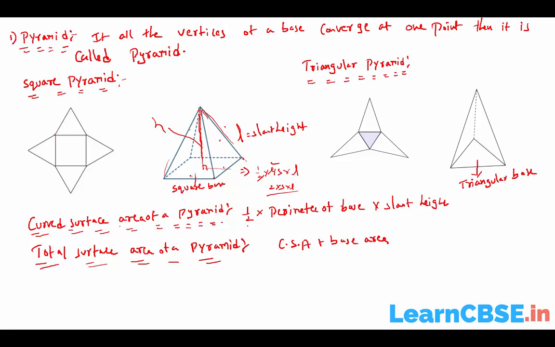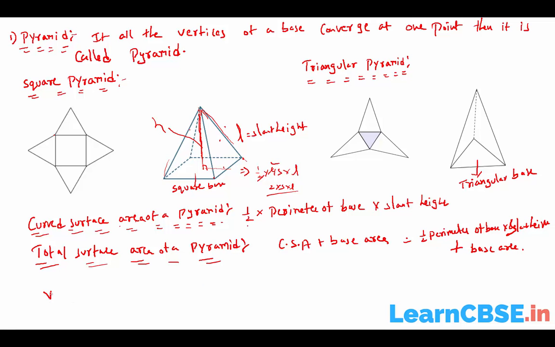Total means we have to get the entire figure. So curved surface area plus whatever we excluded before, the base. I am adding the base now. Half into perimeter of base into slant height plus area of the base.